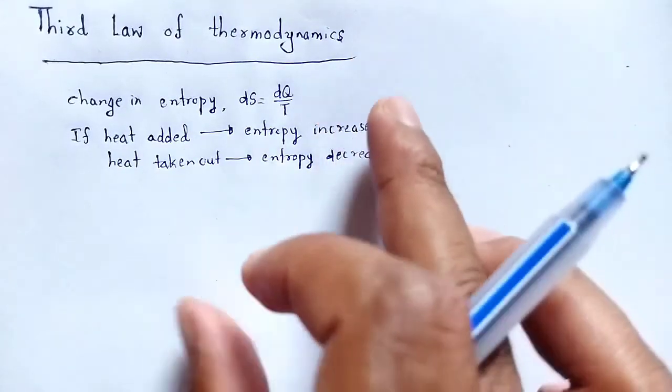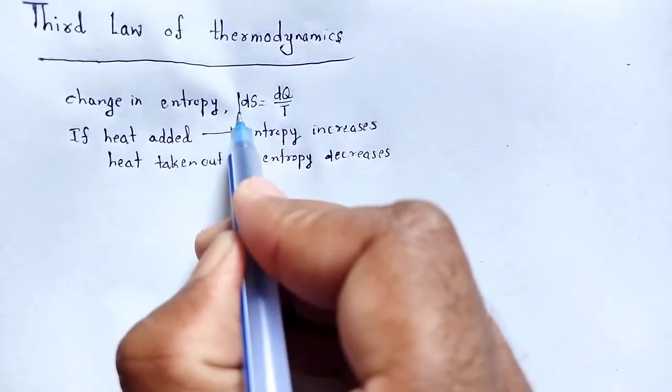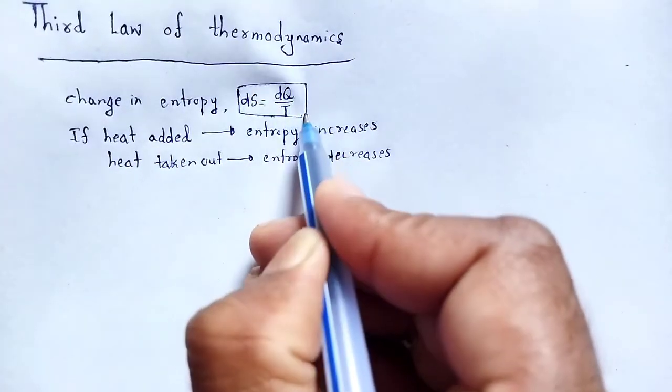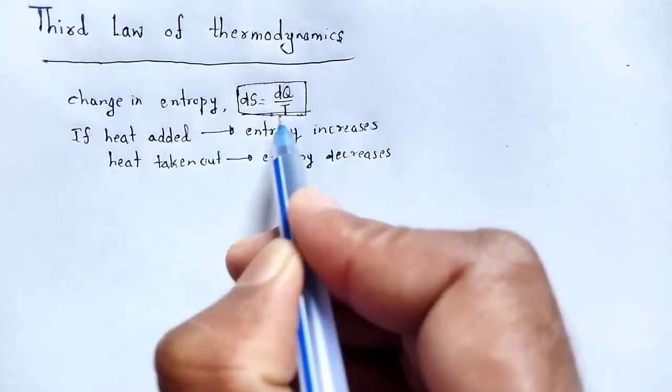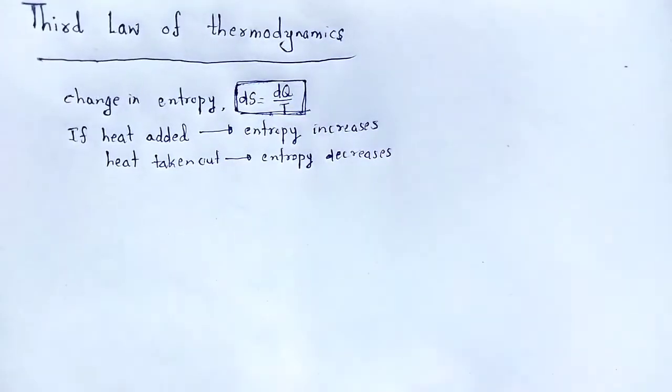From this mathematical equation, we get that when heat is added, the entropy will increase, and when heat is taken out, the entropy will decrease.